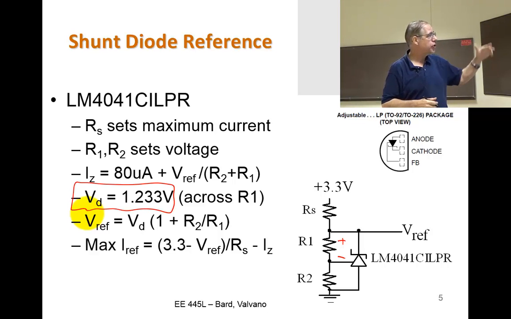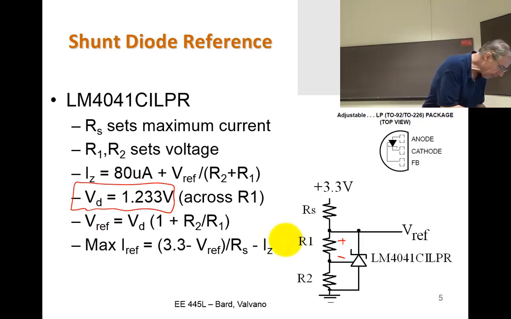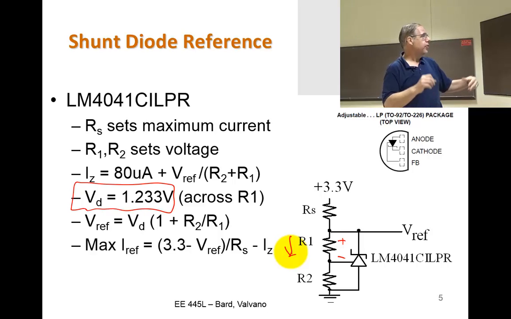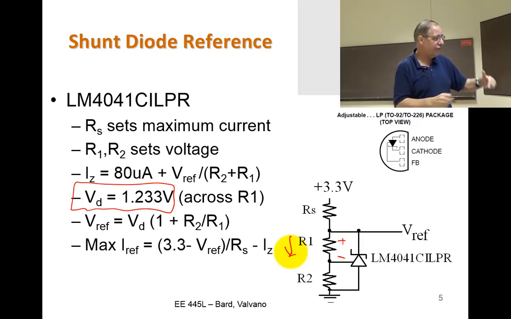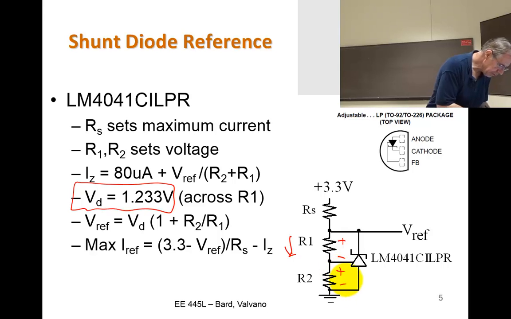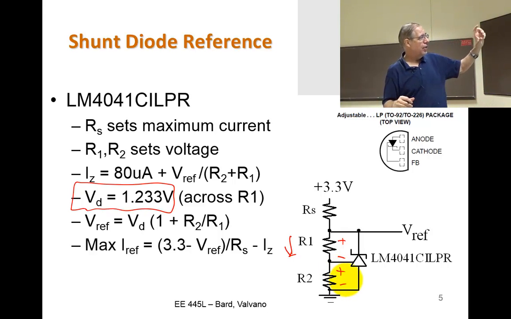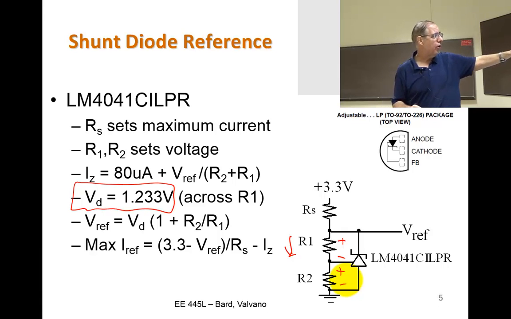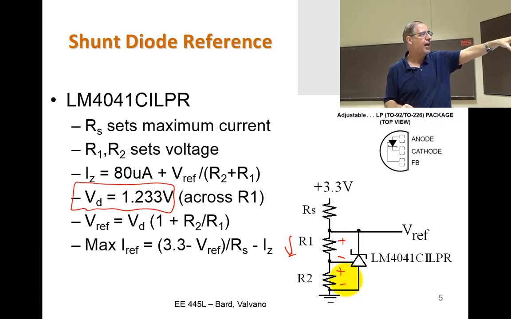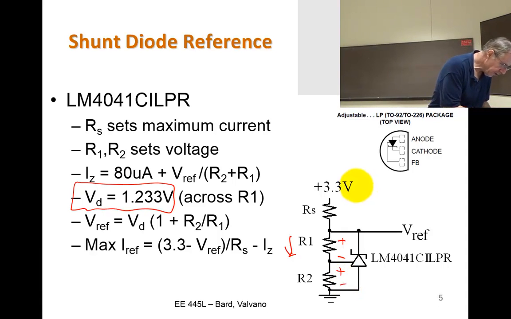And now what we're going to do is choose R1 and R2. Since we know the voltage across R1, and we know R1, we now know the current through R1. And since we know the current through R1, we can now figure out the voltage across R2, such that the voltage across R1 plus the voltage across R2 is whatever voltage we want to have on Vref, regardless of this voltage and regardless of that current.